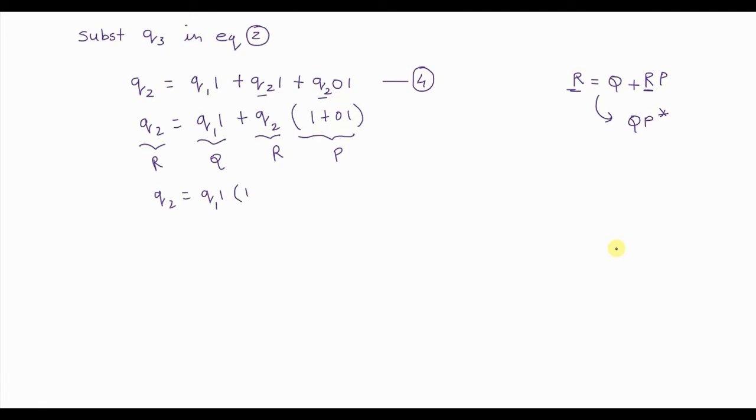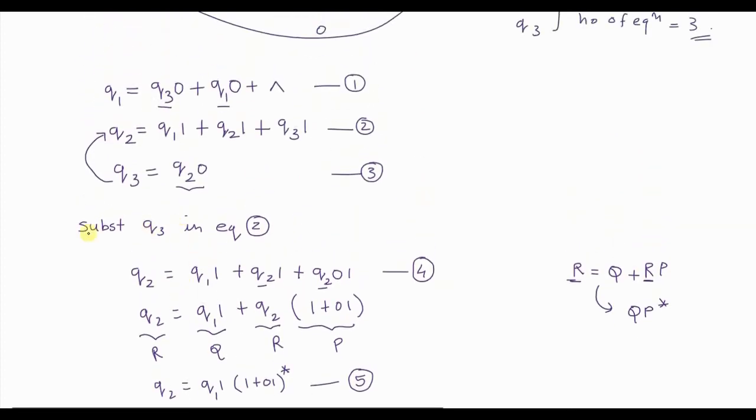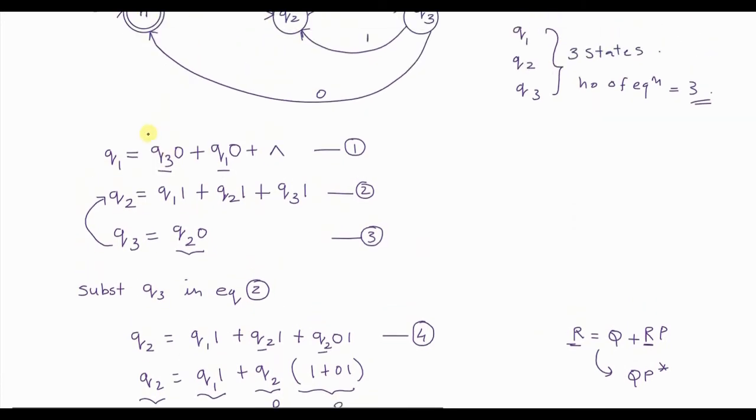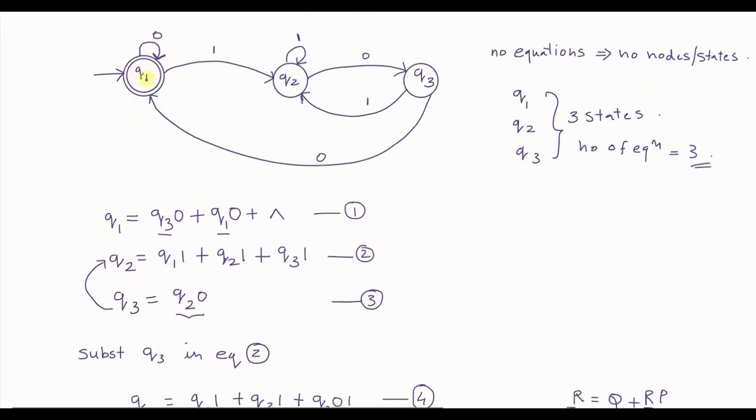Now what is my P? It is 1 plus 0 1, the whole star. I will call this equation 5, and notice that this is a new value of Q2. Now basically, as I have already told you, the initial state Q1 over here is also the final state.